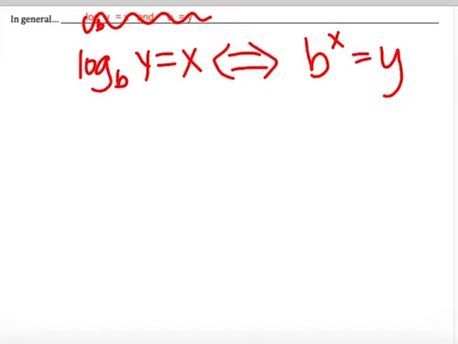So I want you to look and see how that would interchange. So earlier we were asking like 3 to the what is 243. We were missing that exponent. So the exponent here becomes where your x is, the base goes off the tail of your g, and the y is there. And so that's our general convention.